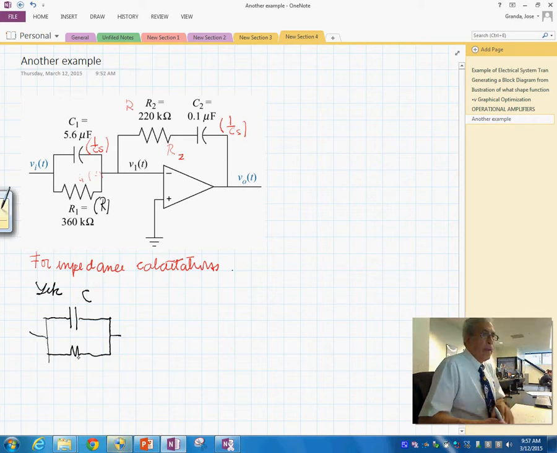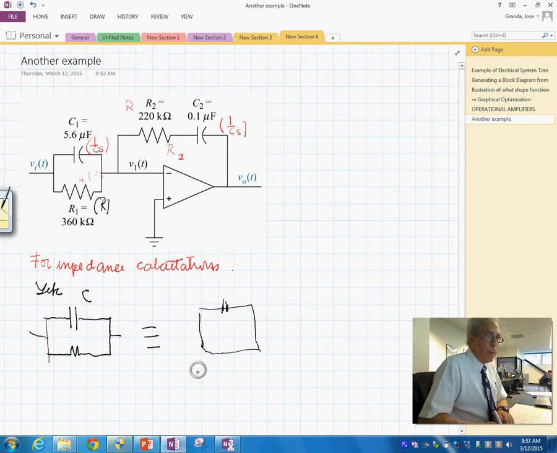Okay, but this is going to be related to the impedance form, which is going to be like this. In the impedance form, you have C, there's a C in there, and then you have an R element over here. Okay?